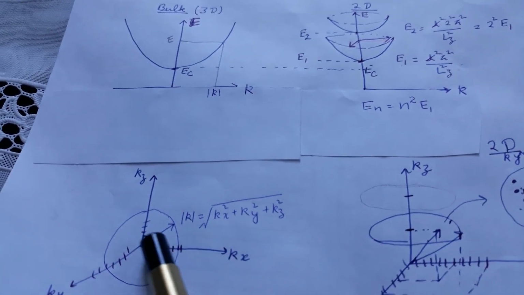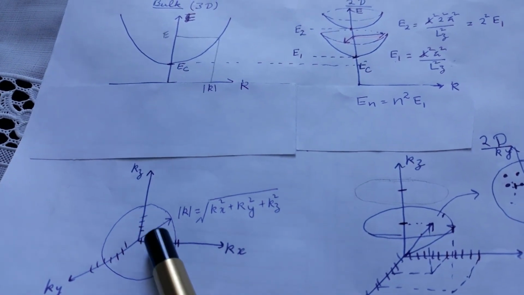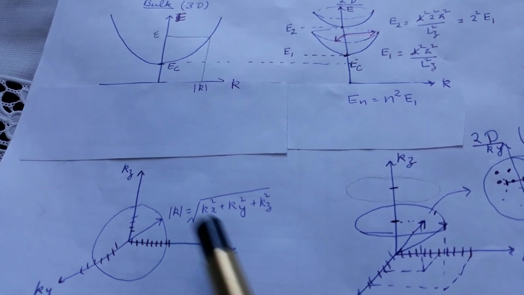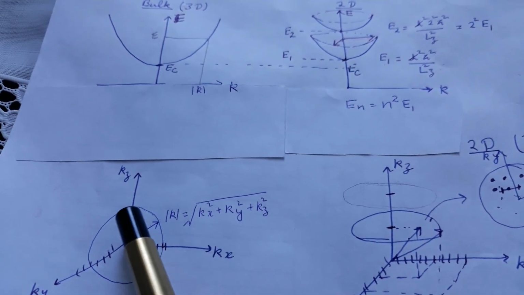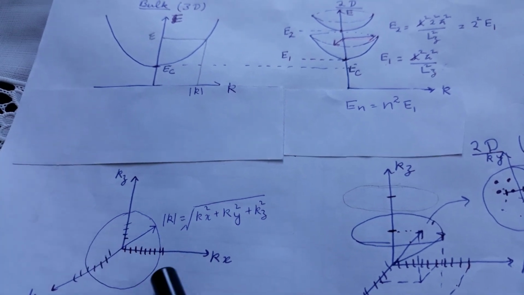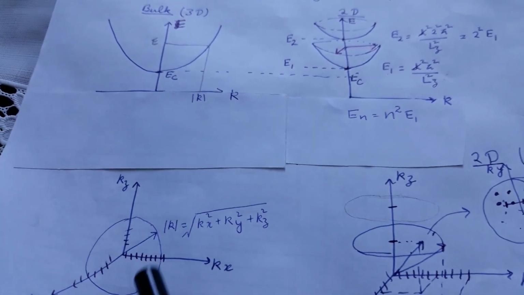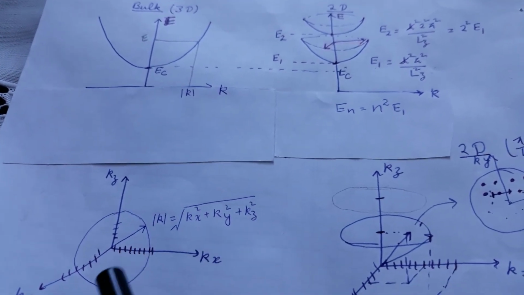If we draw multiple surfaces here, they will all have a radius of this, and the maximum value of k will correspond to the maximum value of energy that is permitted in that particular structure. So because it is a sphere, it will have a radius of the square root of kx squared plus ky squared plus kz squared in case of bulk.